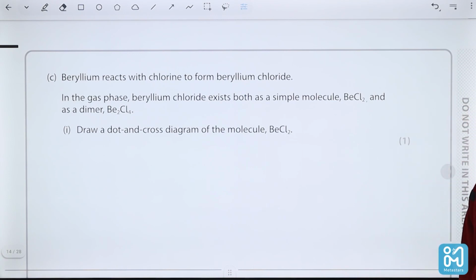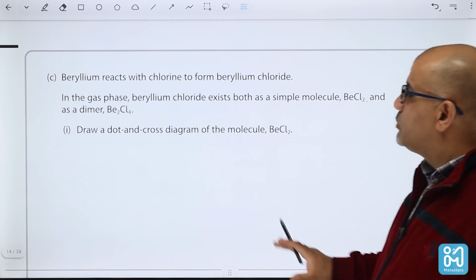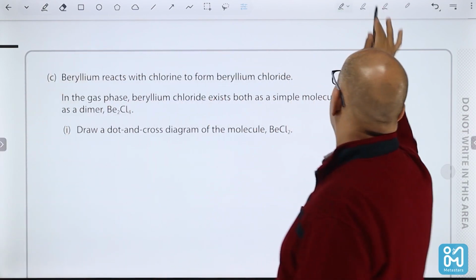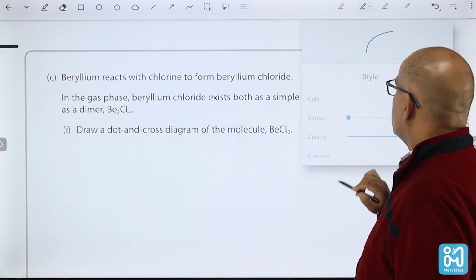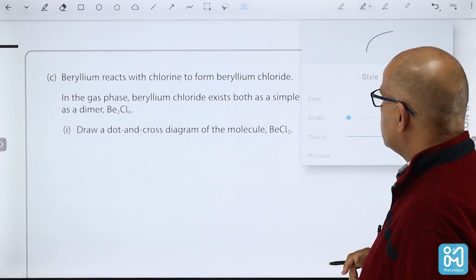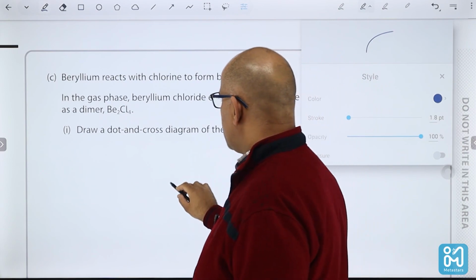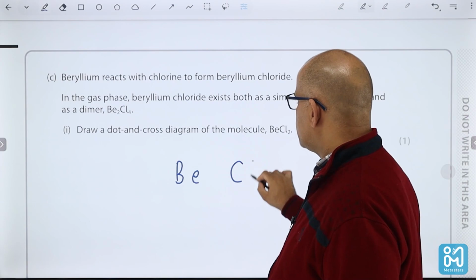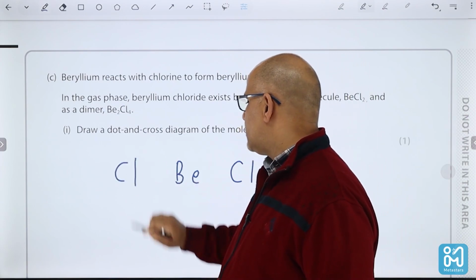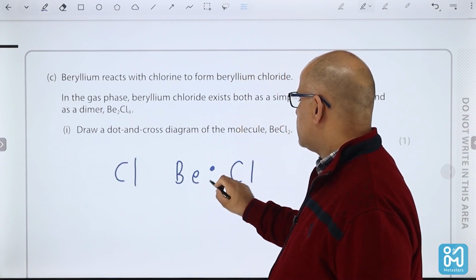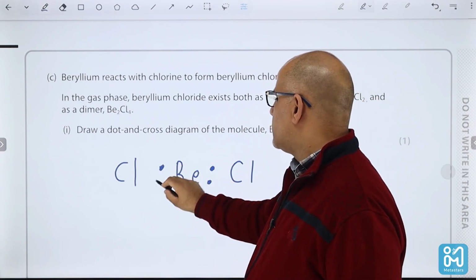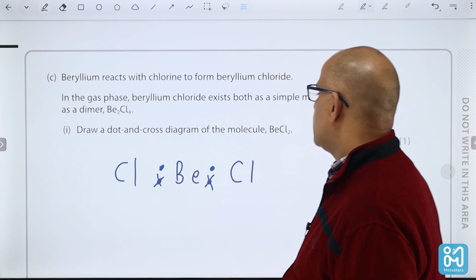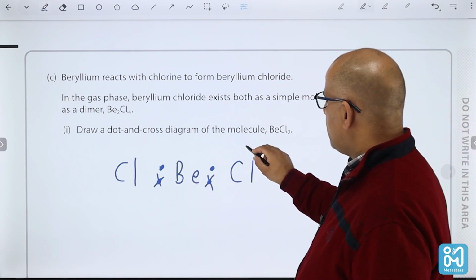Now he's asking you to draw the dot and cross diagram for beryllium dichloride. Beryllium is in group 2, so it's BeCl2, a molecule. We can draw something like that. Or you can select X for chlorine if you want.